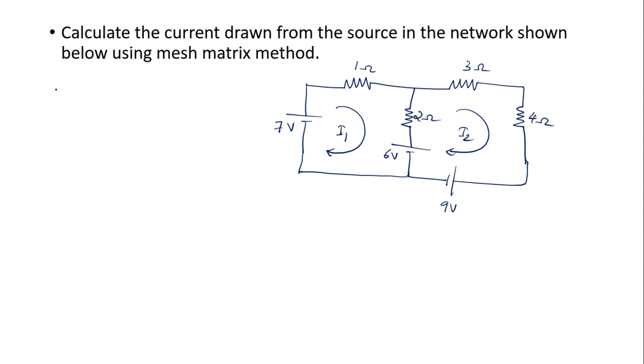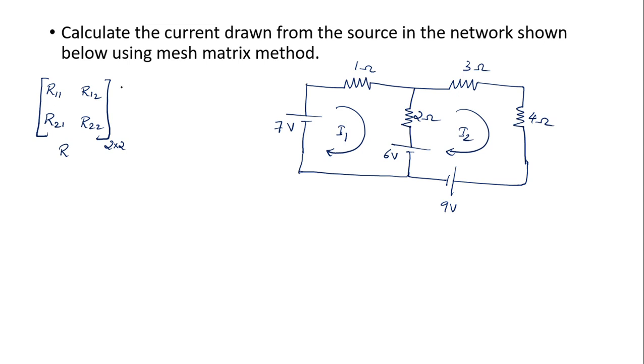Since there are only two meshes, we have a square matrix, a 2 by 2 matrix, depending on the number of meshes. This is going to be your resistance matrix, and the elements will be R11, R12, R21 and R22. I have just given the names in the normal mesh naming method.